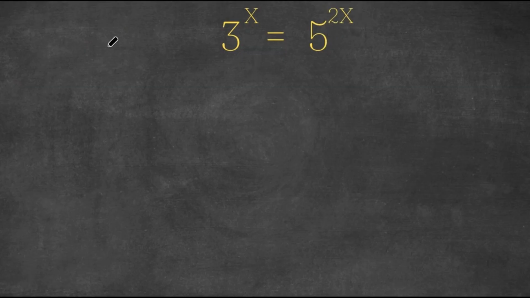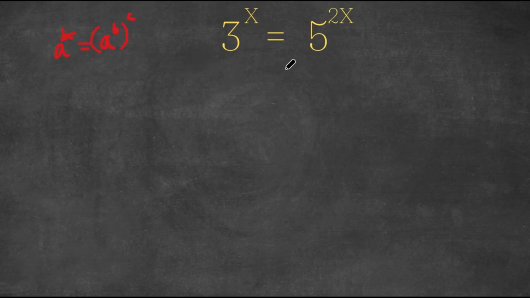If you guys didn't already know, an important property of exponents is that if we have a to the power of b times c, this can be written as a to the power of b, to the power of c, and also vice versa. It could also be written as a to the power of c, to the power of b.